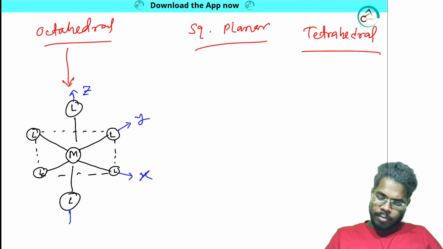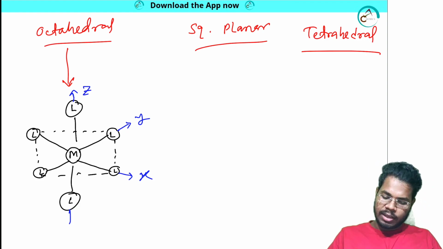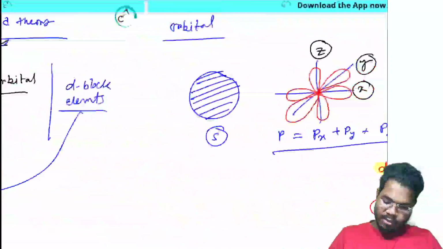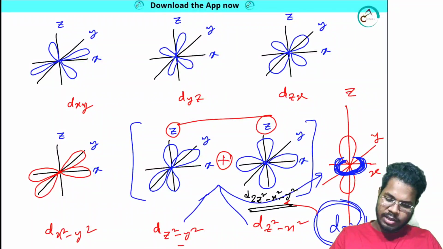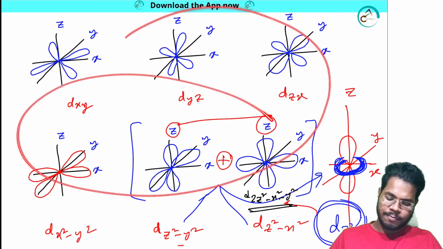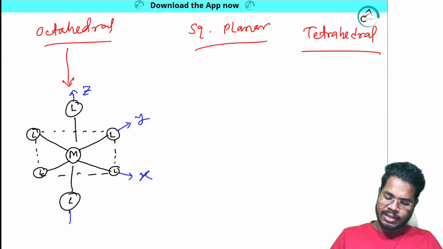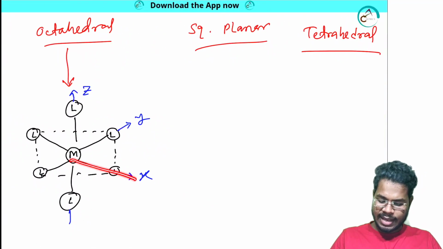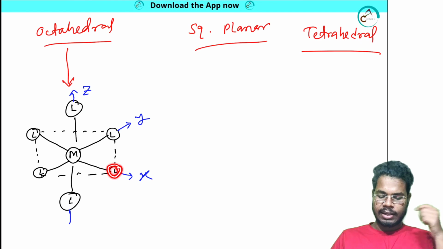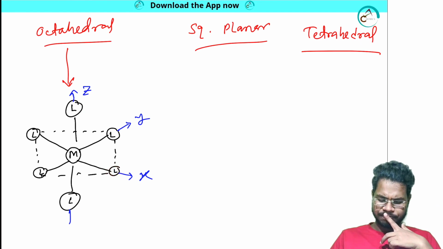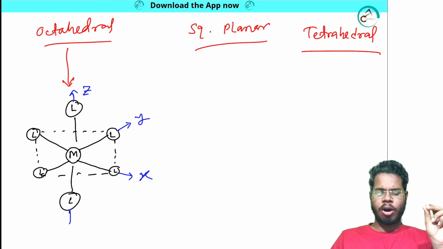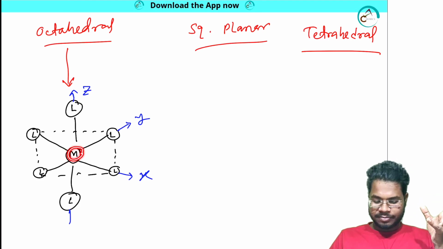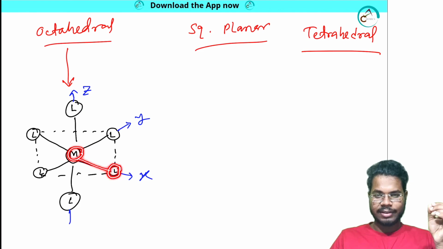Again, from orbital concepts, you know these are the different possible orbitals. Just tell me, if this is the x-axis and on this x-axis a ligand is present, which d orbital of the metal directly interacts with the ligand?